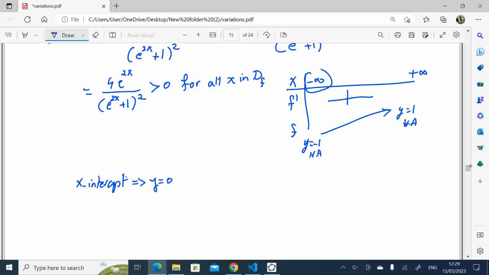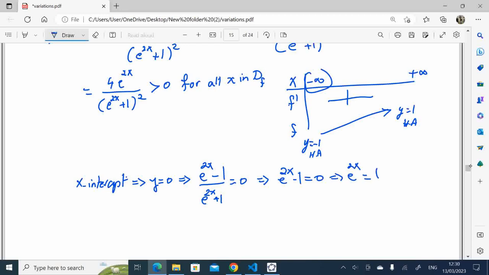Y equals 0 means the function equals 0. The function, e to x minus 1 over e to x plus 1, equals 0. Hence, the numerator equals 0, e to x minus 1 equals 0, which means e to x equals 1.